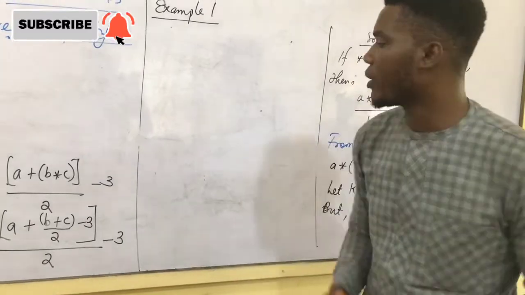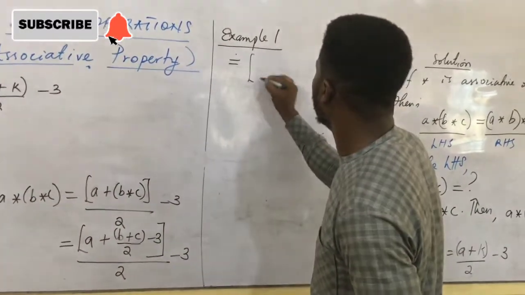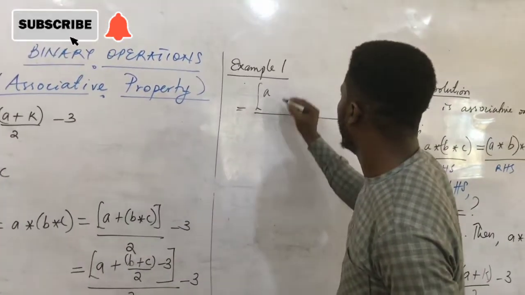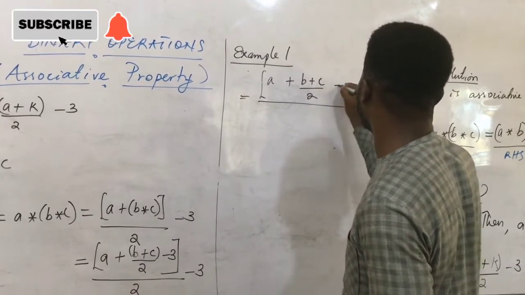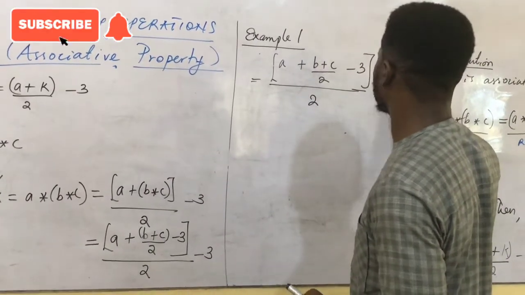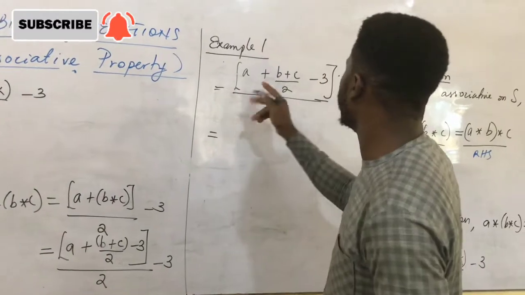So, what we are going to have here, if we simplify that result, will be, in the numerator, A plus B plus C over 2 minus 3, all over 2 minus 3. So I want to simplify what is in the square bracket by taking the LCM.